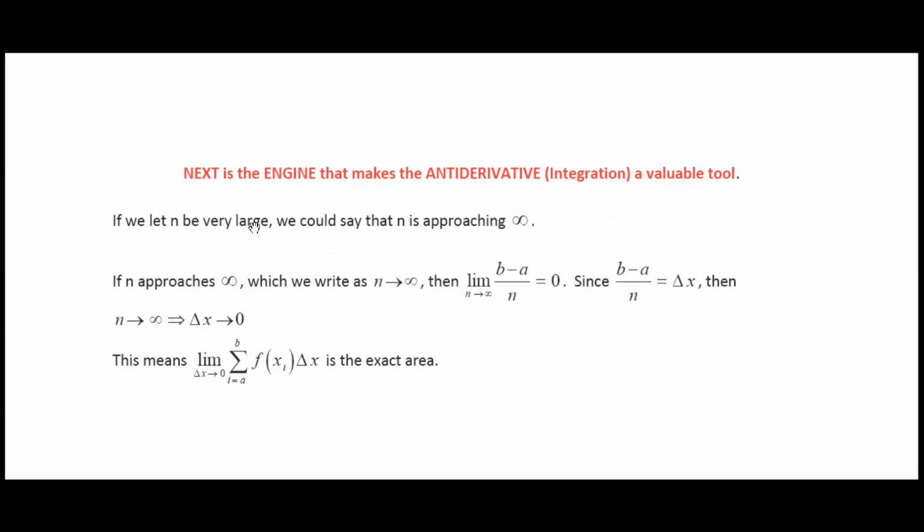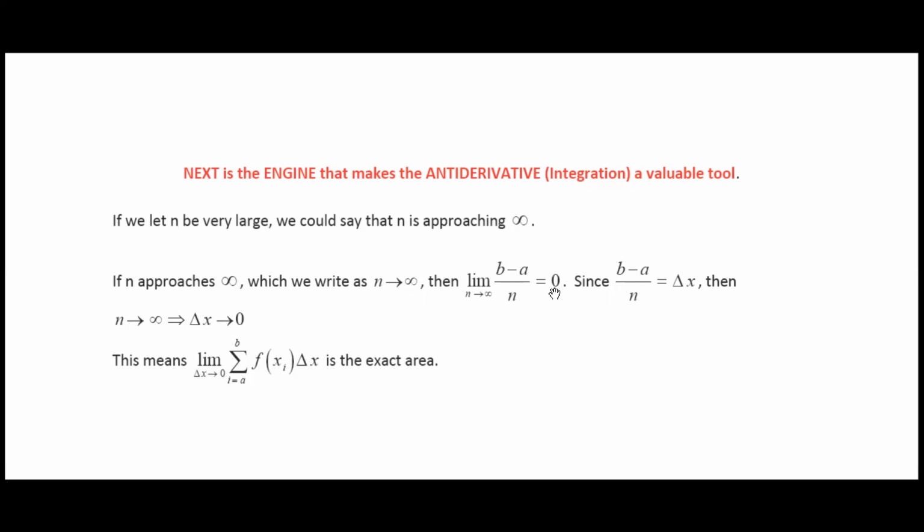If we let n be very large, what we could say is that n is approaching infinity. In other words, infinity is as big as it gets. Well, if n approaches infinity, we write n arrow infinity. Then that means the limit of b minus a over n as n approaches infinity is 0.